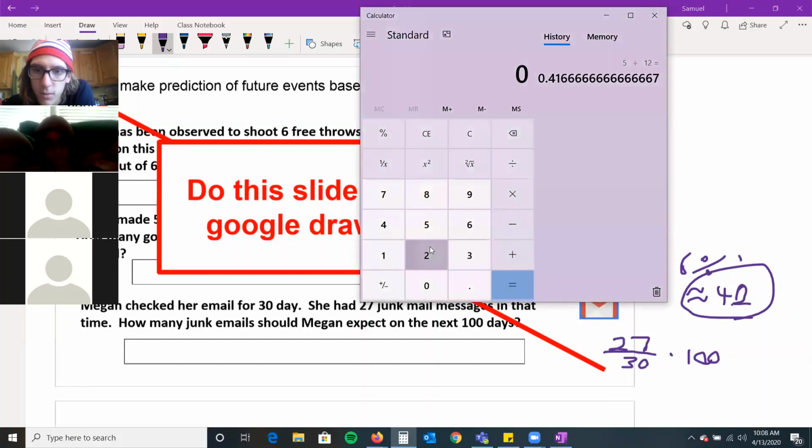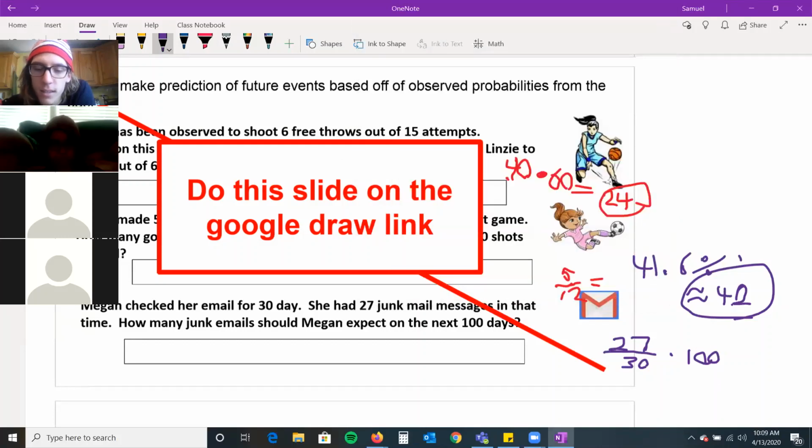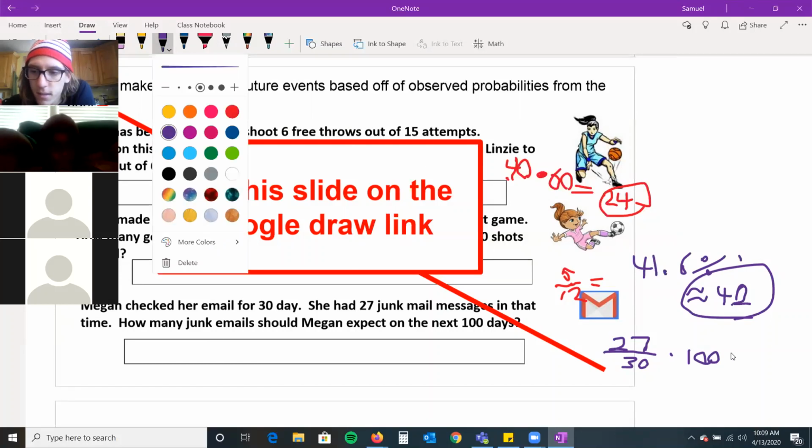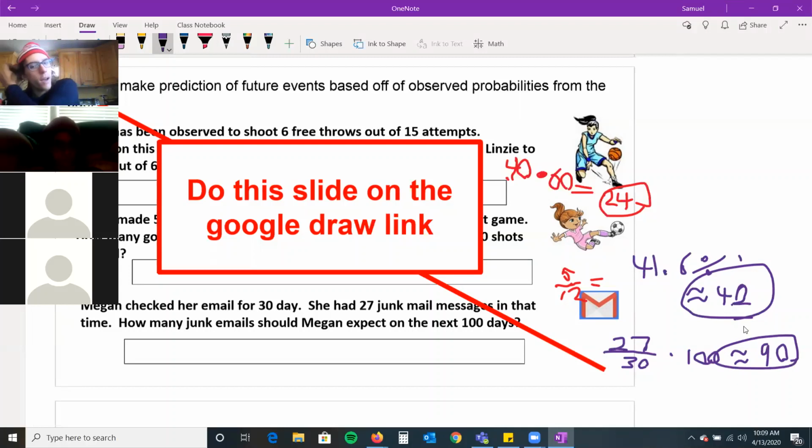So 27 out of 30 is 90%, times 100. So in 100 days, we can expect her to get 90 junk emails. So that was our last two answers, about 90 junk emails and about 42 shots, or 42 goals.